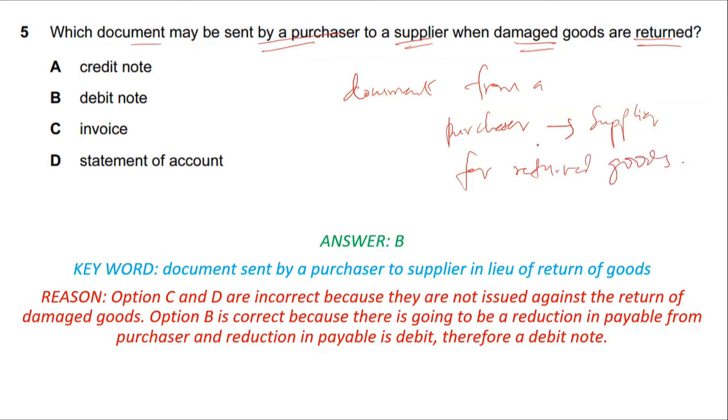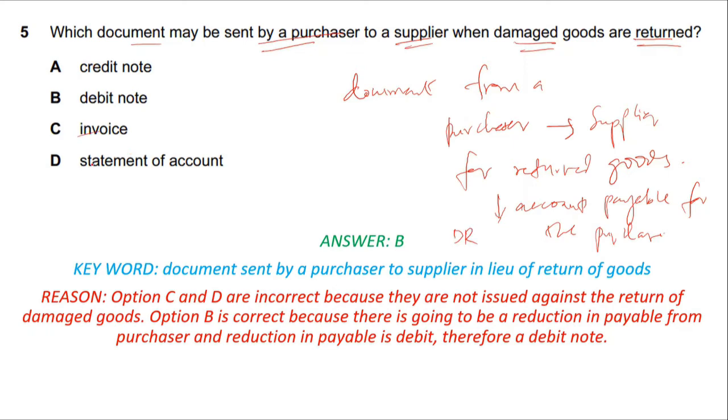The effect of this transaction would basically be reduced accounts payable for the purchaser. If you want to reduce your accounts payable, that would be a debit.